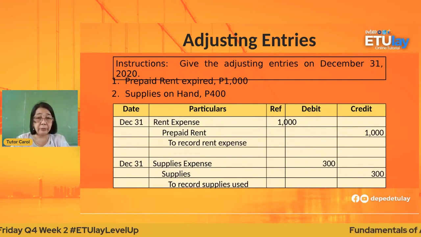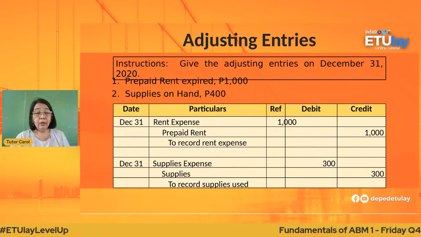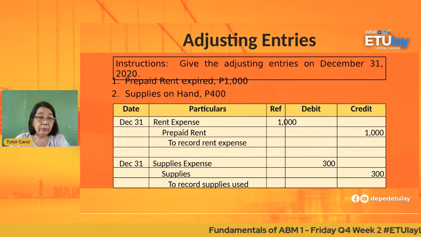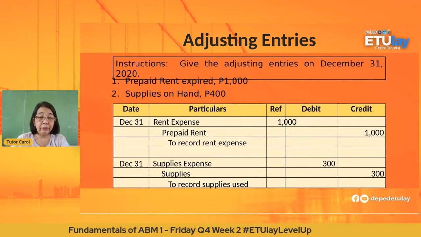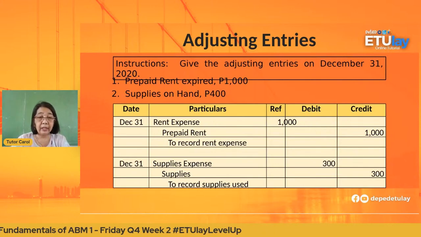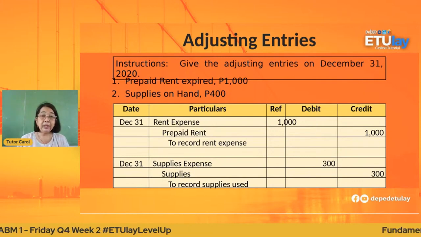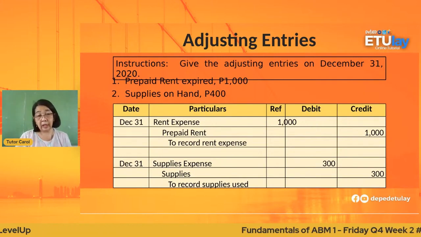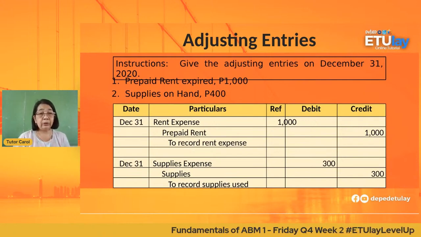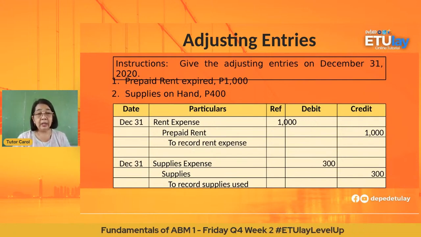Our adjusting entry on December 31: debit rent expense 1,000 and credit prepaid rent 1,000 pesos. The explanation is to record the rent expense.